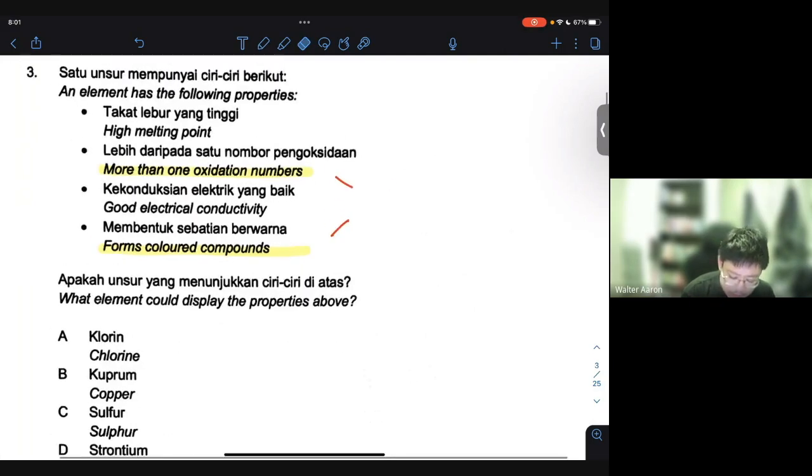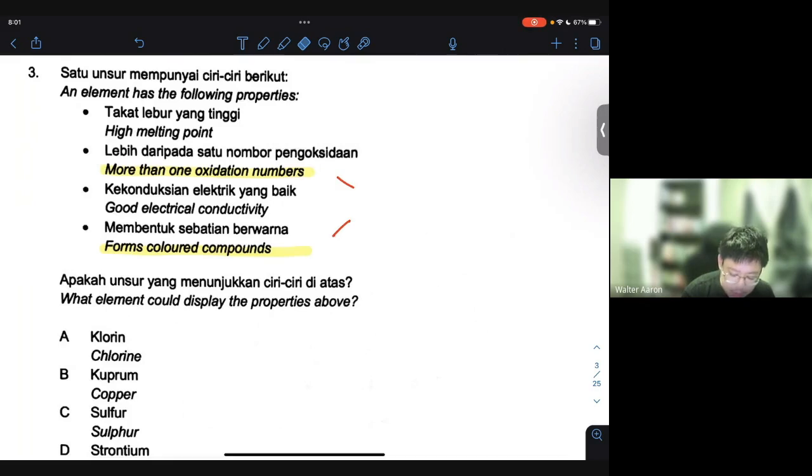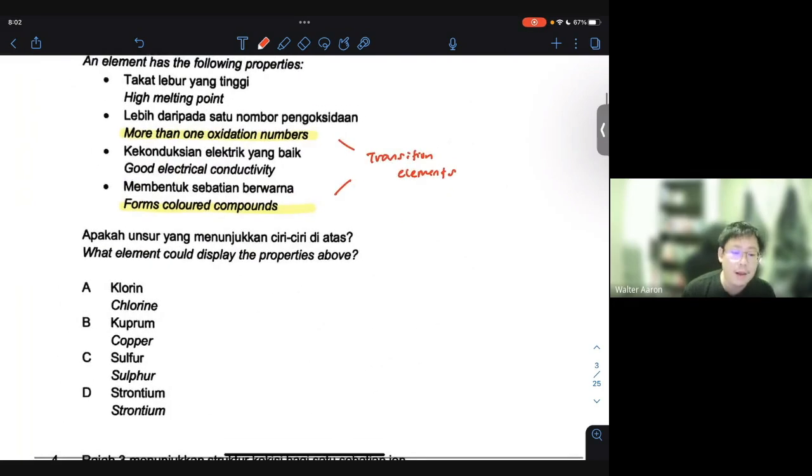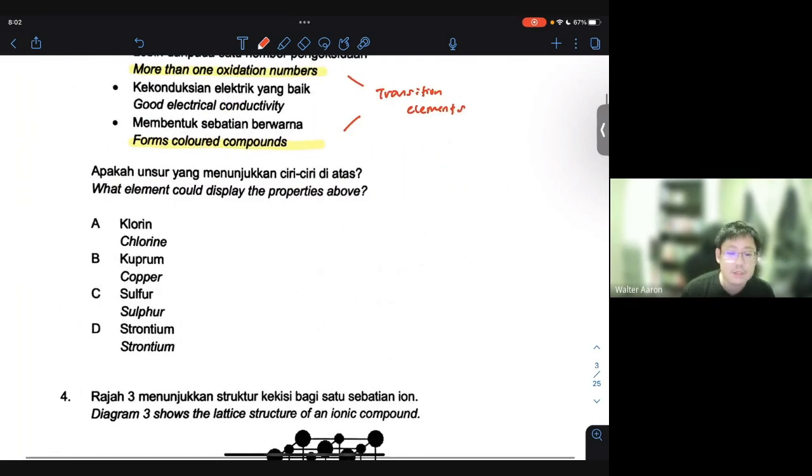Remember that transition elements have different properties compared to other metals. So look out for any of these which represents a transition element. The only one here will be copper. So the answer here is supposed to be B.